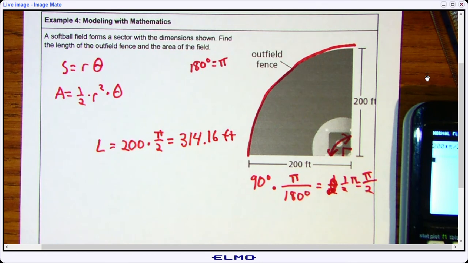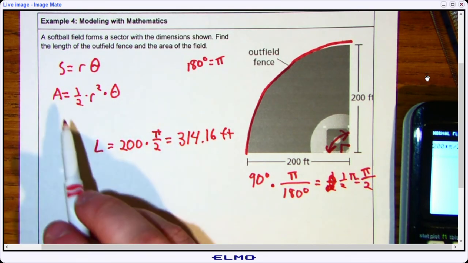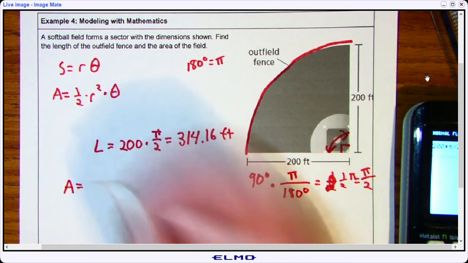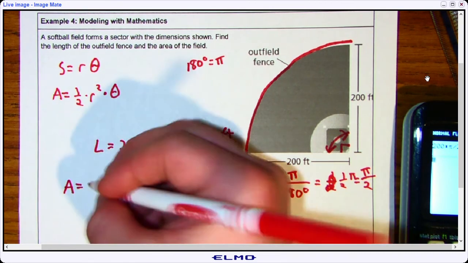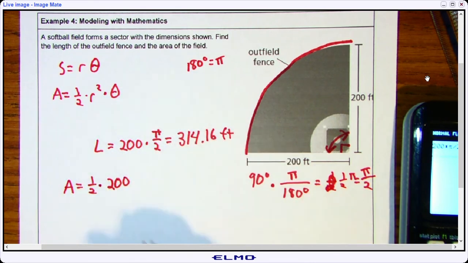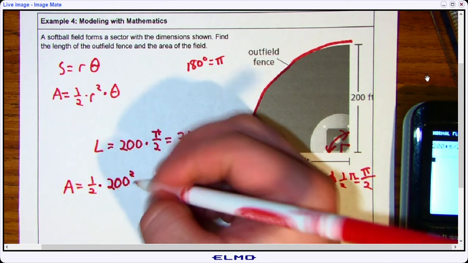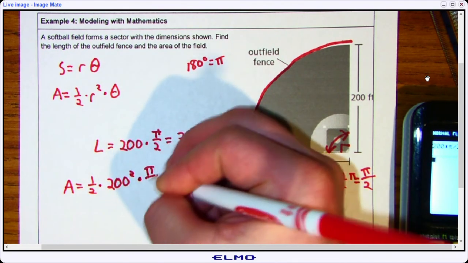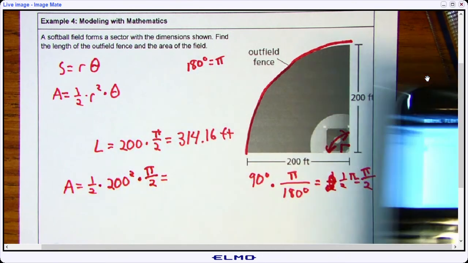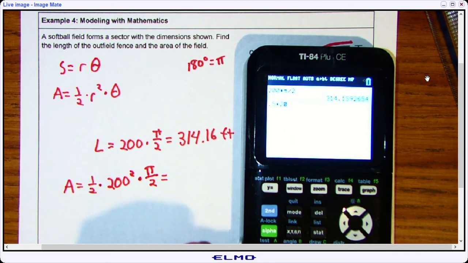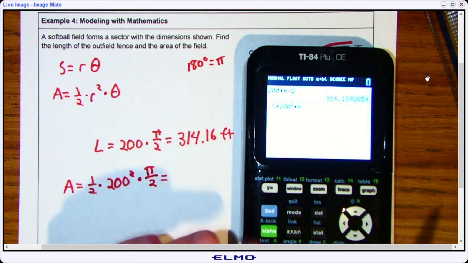Alright, and now if I use this formula to find the area of this sector, area is going to be equal to 1/2 times 200, that's our radius squared, times our degree measure in radian, which was just pi over 2 in this case. Alright, we put this whole thing into our calculator. We go 0.5 times 200 squared times pi divided by 2.